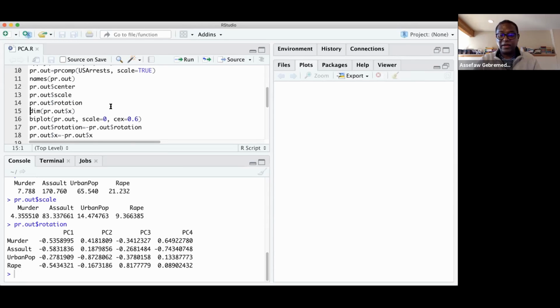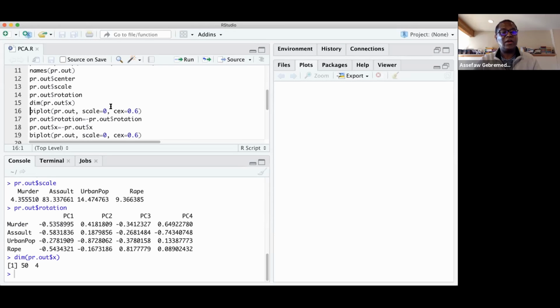Okay, so let's look at some more information about the X values on this. And so we know there was 50 data sets, there were 50 states, and that's what we got out of this one. And there are 4 principal components, and that's what our X gave us. So that was a little query that had happened in line 15. So I told you last time, there is this very important plot we can do when we do principal components analysis, and it's called a biplot.